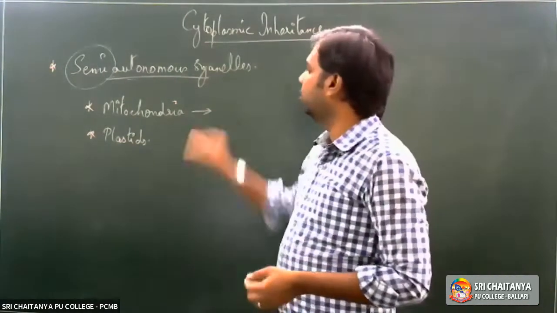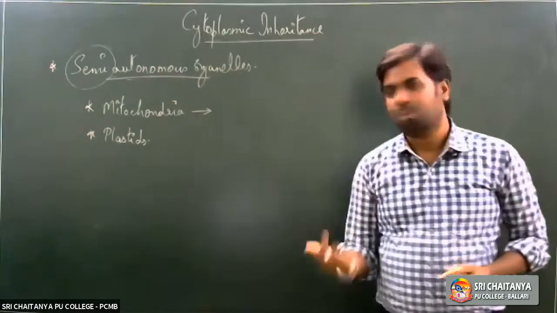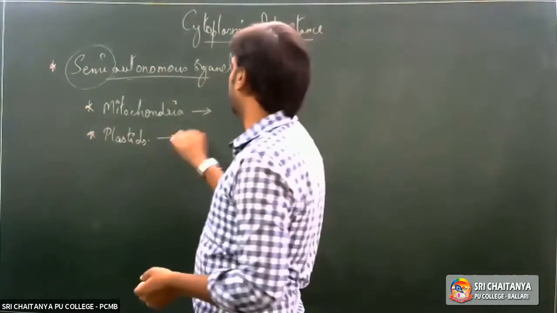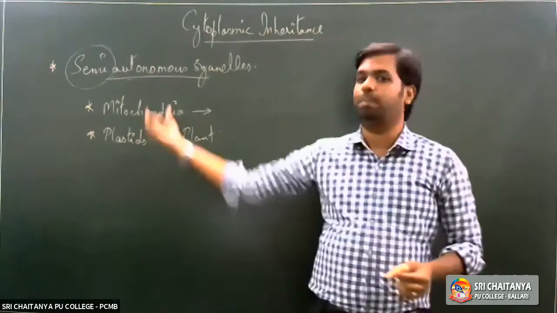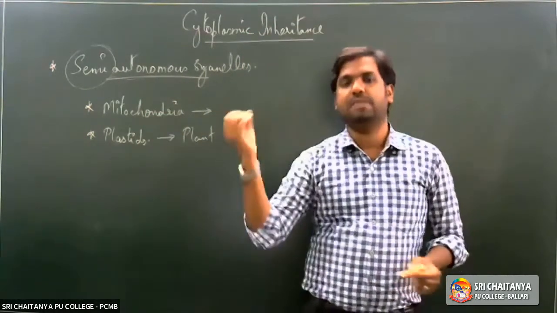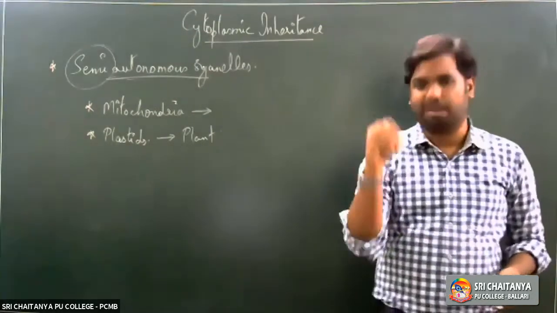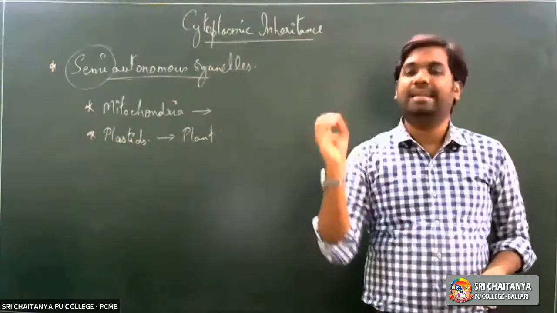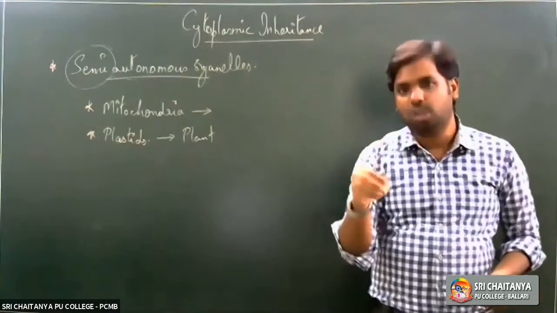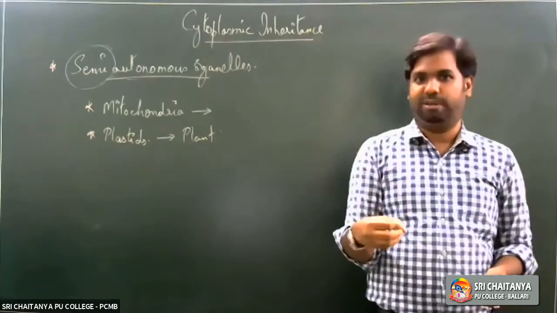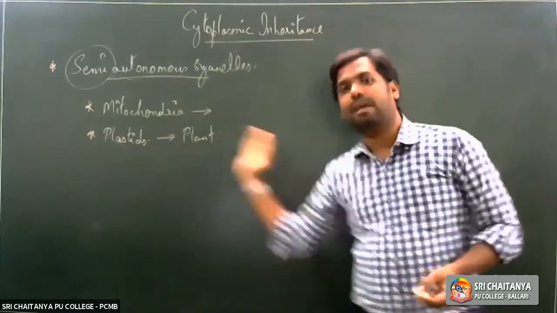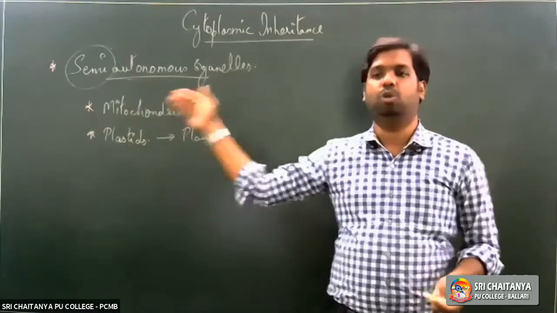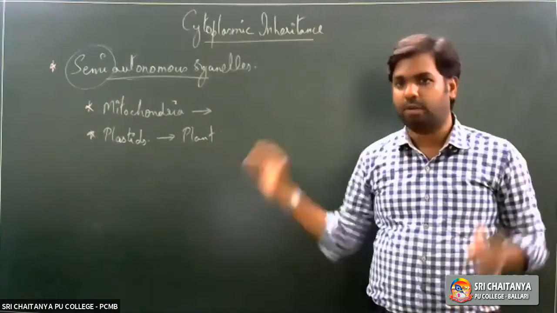Mitochondria is present in both plant cells as well as animal cells, whereas plastids are present only in plant cells. Now these two organelles, since they have their own genetic material, in that genetic material also there are certain genes present, and those genes again would be transferred or inherited to the progeny, right? Try to understand this.